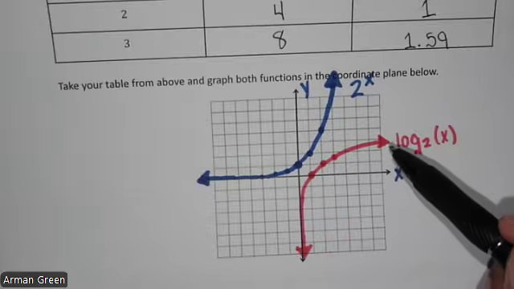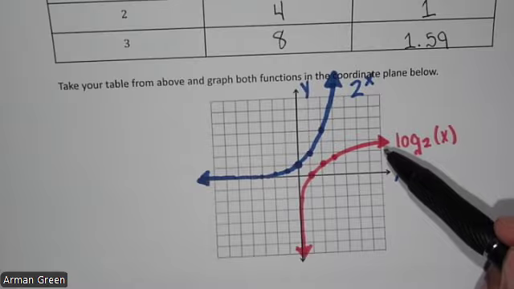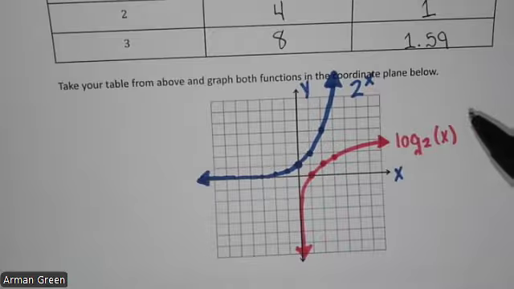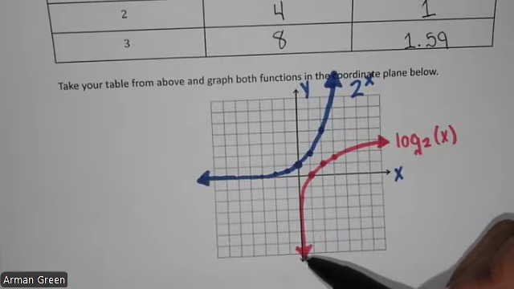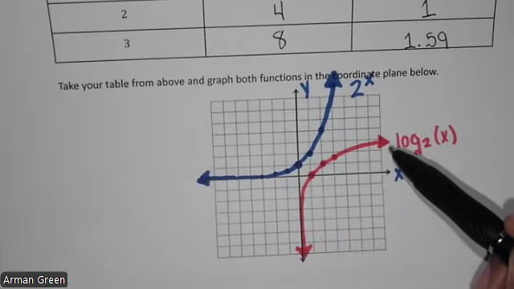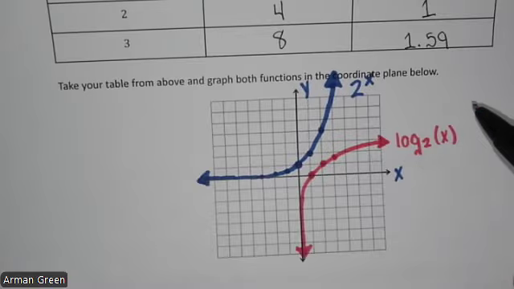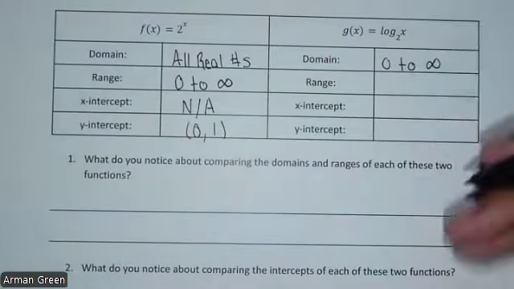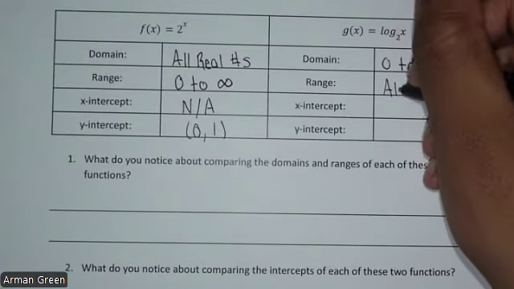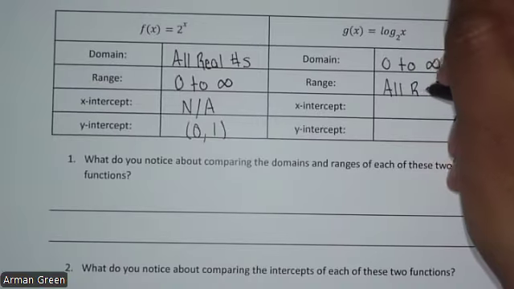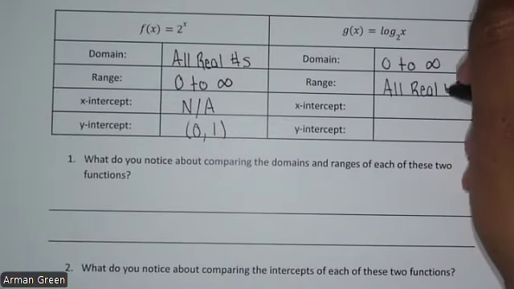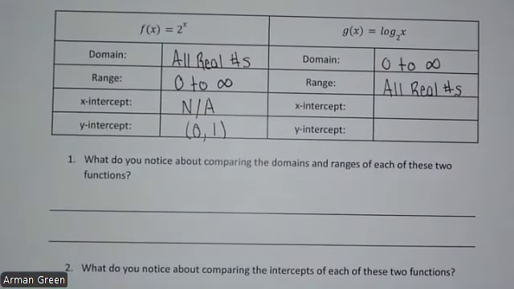So that means this arrow is going towards positive infinity. We have one arrow going towards negative infinity and another going towards positive infinity. So in other words, the range for this function is going to touch every single number, which means that the range is all real numbers.